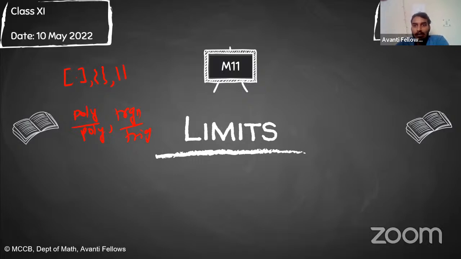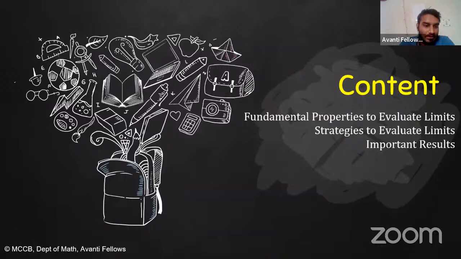So today's class will mainly be about how to find limits. Those limit techniques that I talked about in the last class, we are going to discuss today. Today's content is, first of all, the fundamental properties to evaluate limits, then the strategies to evaluate limits, and then some important results in limits.